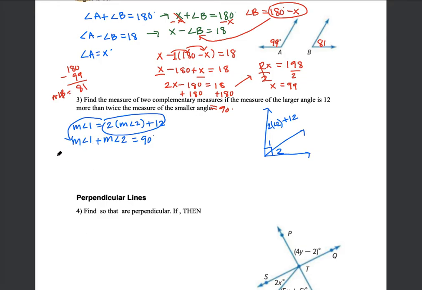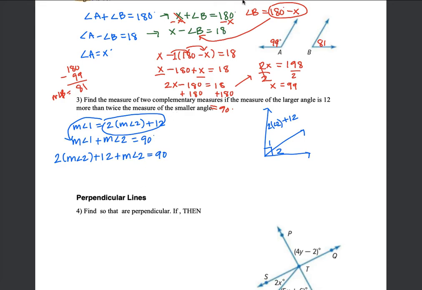So I can do 2 in parentheses the measure of angle 2 plus 12, plus the measure of angle 2 is equal to 90. So all I did was I took whatever angle 1 was equal to, and I plugged it into that second equation.